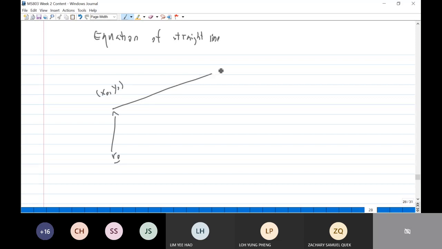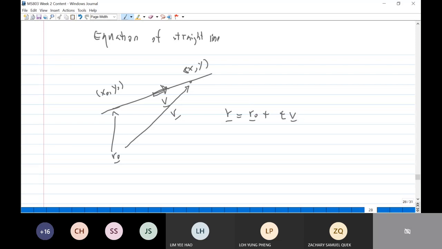Then the general point, x, y. When you talk about a straight line, you have a direction, v. So any position at any point, r, is equal to the fixed point plus the direction, tv.